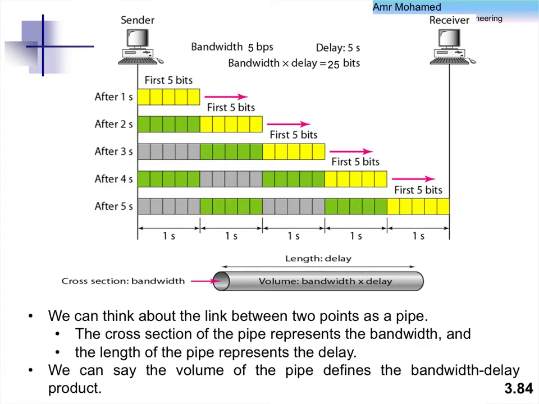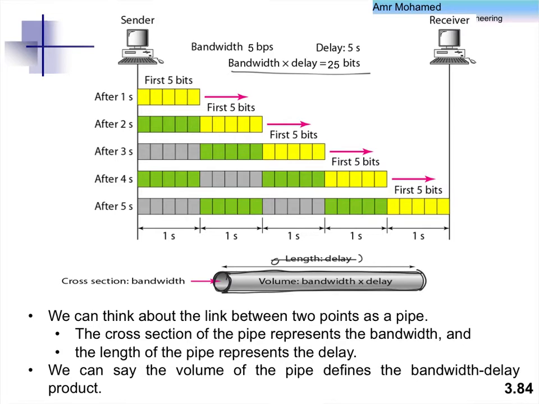And if the transmission time or the delay time represents the length of the burst, and the bandwidth represents the width of the pipe, then the bandwidth delay product is nothing but the volume, the amount of bits that can fill all this transmission medium.